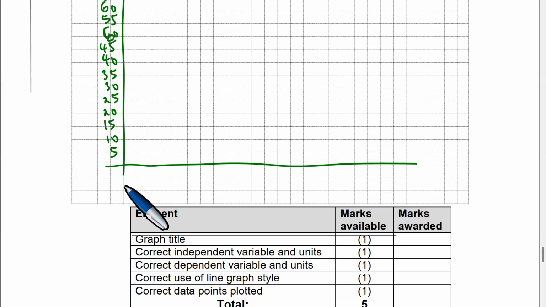If this one is January, February, March, April, May, June, July, August, September, October, November, December.